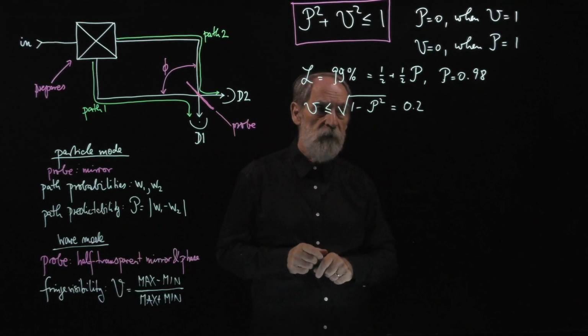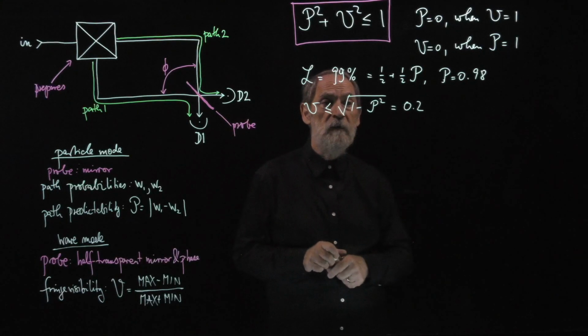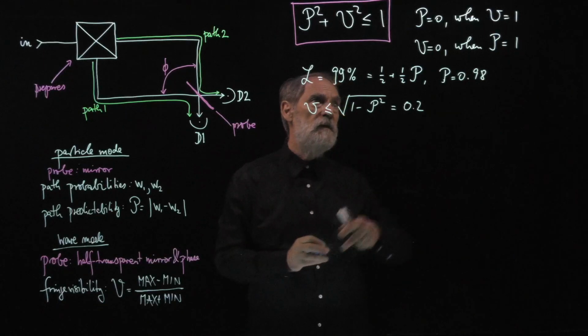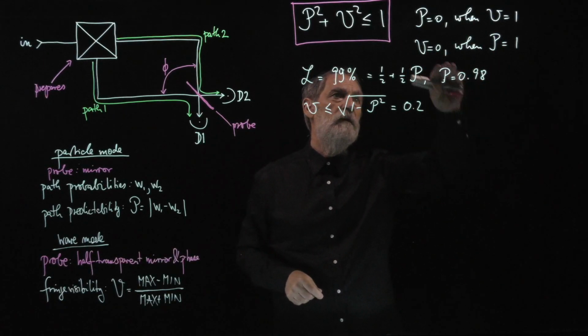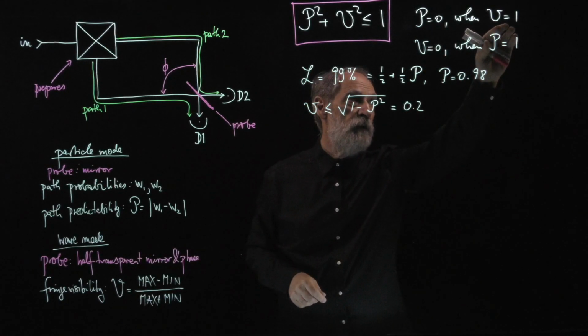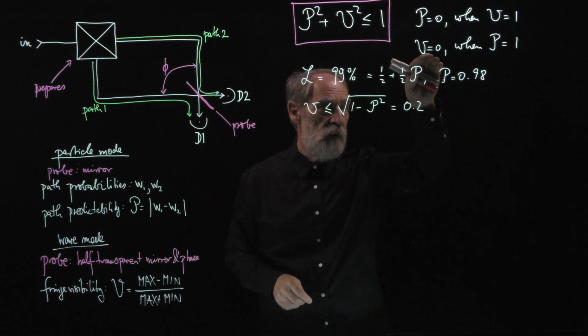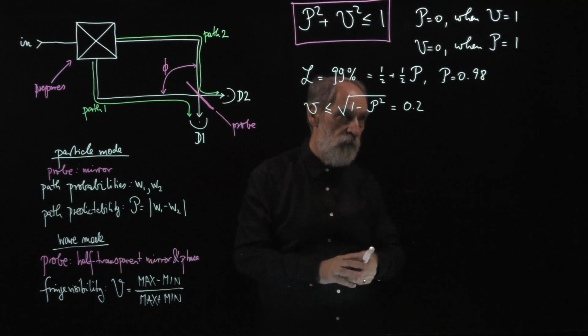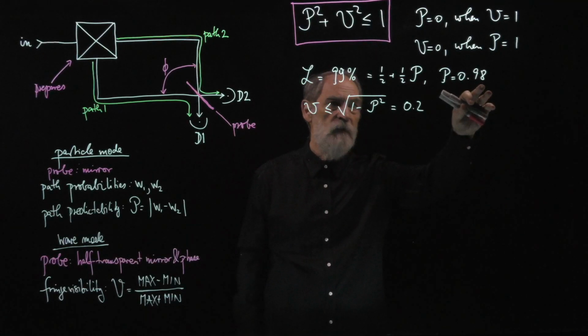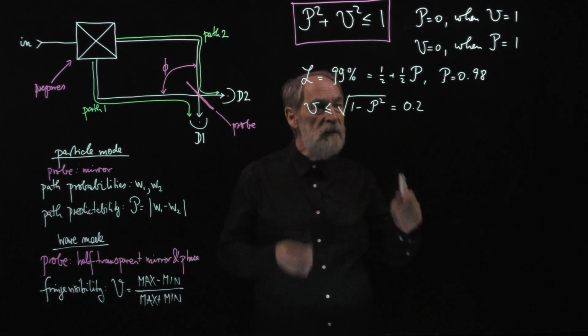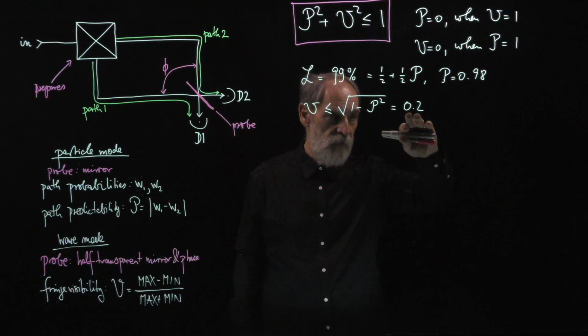So those are fringes with a good visibility. So there's a lot of room between these extreme cases where we know nothing about the path and we have full fringe visibility, or we have perfect path knowledge and no visibility. We can have a lot of path knowledge, P equals 0.98. We guess right in 99 out of 100 cases, and still we have fringes with a very good visibility.